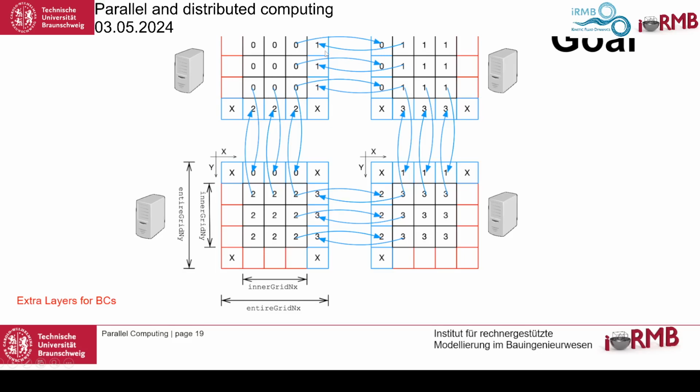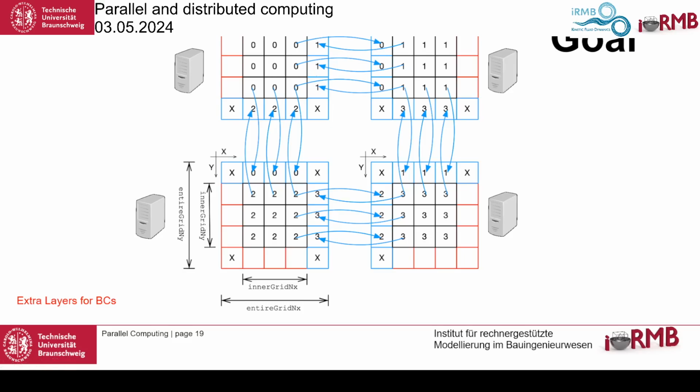So we enlarge the system by one line and we copy data from inside the neighboring process into this ghost layer.